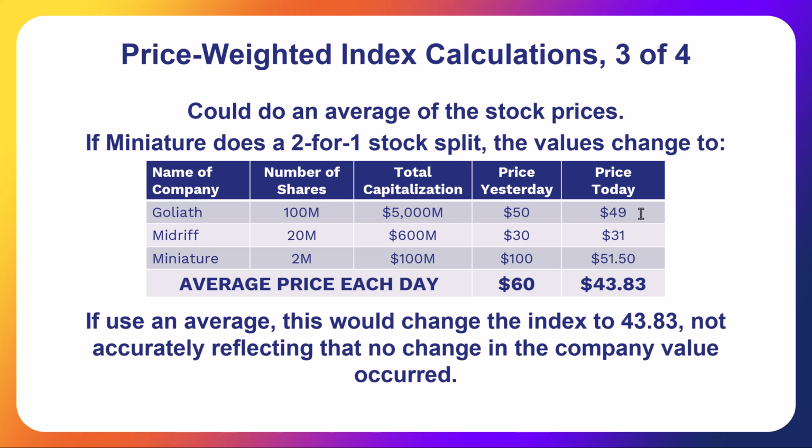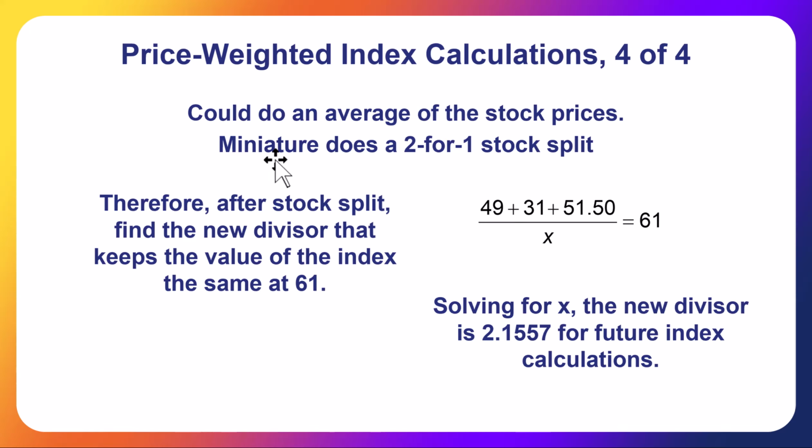So now the prices the next day are 49, 31, and 51.50. When you do this average, it's not going to be the same. We won't be able to relate this 43 to that 60 because things have changed inside the index. So how do we do this?